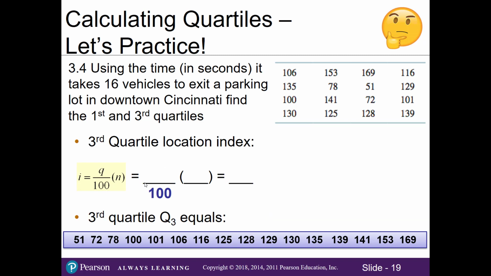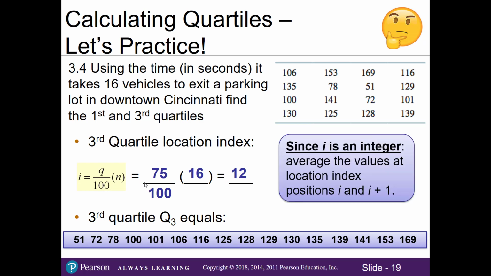Next, let's do the third quartile. Again, third quartile by definition means 75%. So I'll plug in 75 into my Q, and my N is still 16. So when I take my 75 divided by 100 and multiply by 16, my location index is now 12.